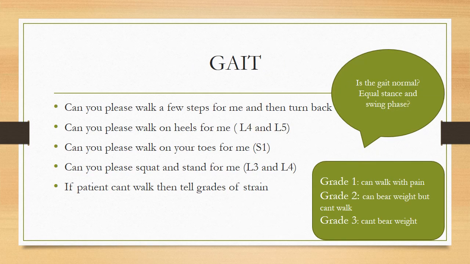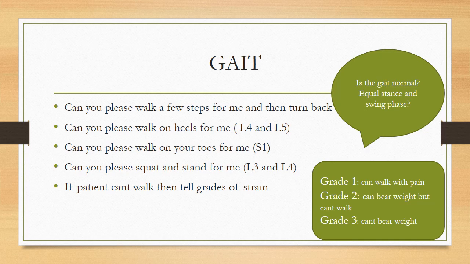After general appearance, next comes gait. It's very important to ask the patient to take a few steps and then turn back. If the patient straightforwardly refuses, saying he or she cannot walk, then we will tell the grades of strain. There are 3 grades of strain. Grade 1 is that the patient can walk, but it's a painful walk.